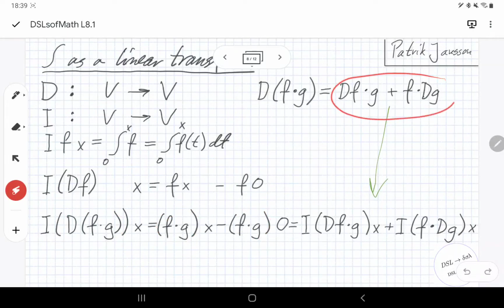Here I'm using the right-hand side to compute it. So I've taken this first step and jumped over here. So then it says the integral of this first term plus the integral of this second term. And why have I moved out the plus here? Well, because we know that the integral is linear.